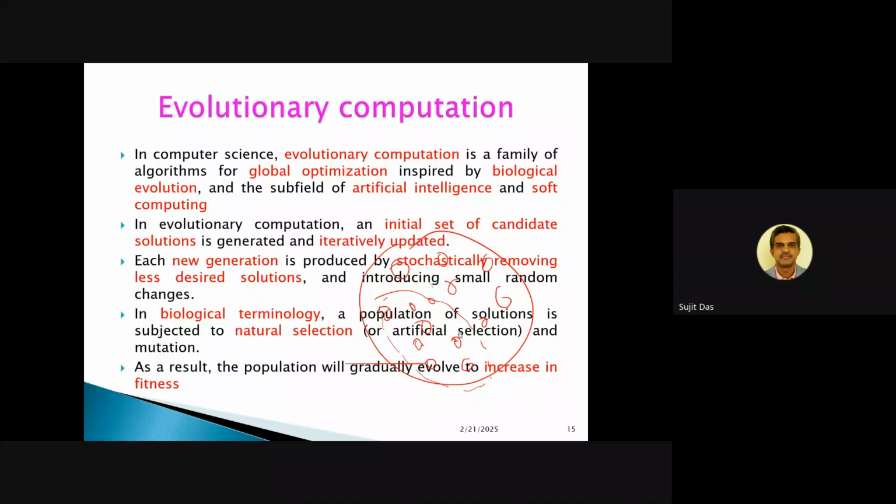But at the same time, I must tell that poor quality solutions have a non-zero probability of being selected, while the probability is less. So what is my conclusion? More good quality solutions will be selected and fewer poor quality solutions will be selected. Okay. So up to this point, it is fine.